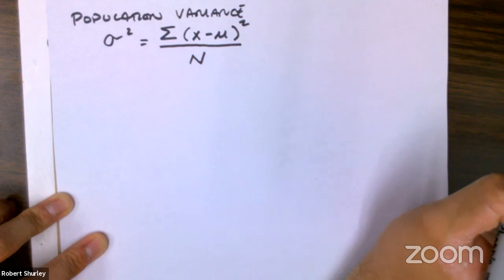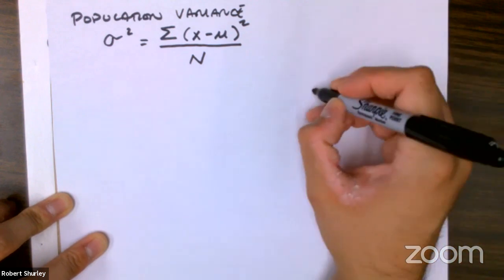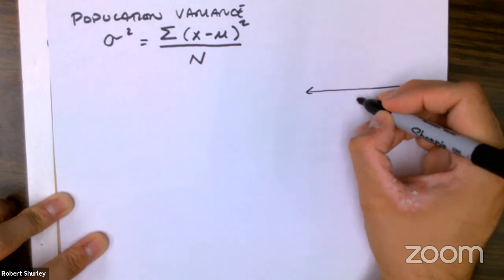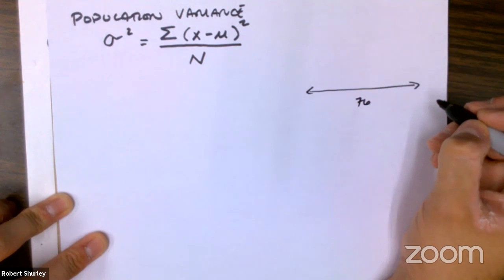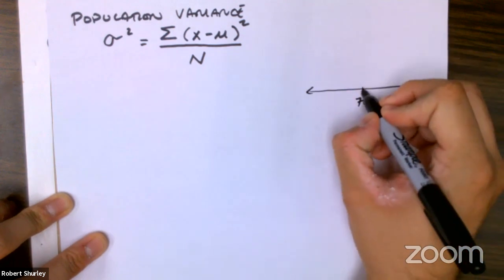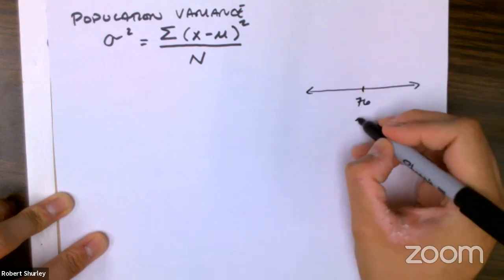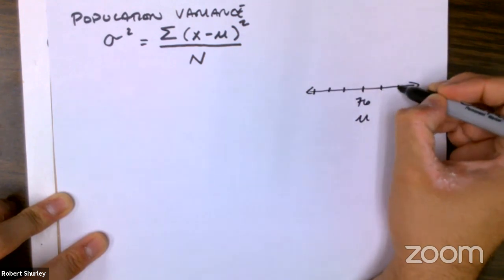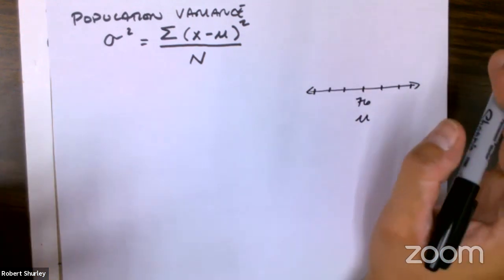Oh, yeah, let's think of it on a number line. Let's say the mean is, for some test score, 76. So this is our mean, okay? And I'm only going to give a few of these on here just as an example.